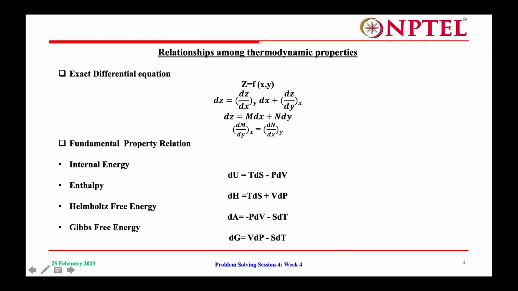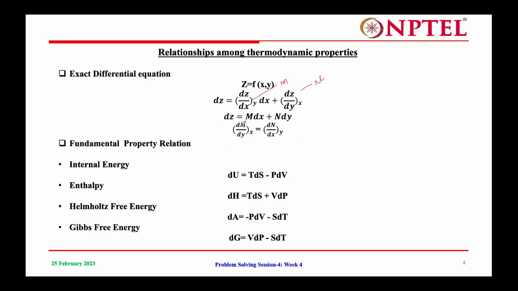Now coming to the relationships among the thermodynamic properties. First we see the exact differential equation. Z is a function of x and y. When we differentiate, dz equals M dx plus N dy, where M is dz by dx at constant y, and N is dz by dy at constant x.